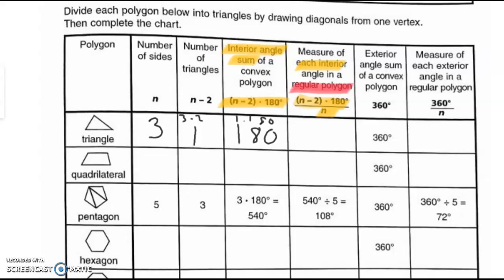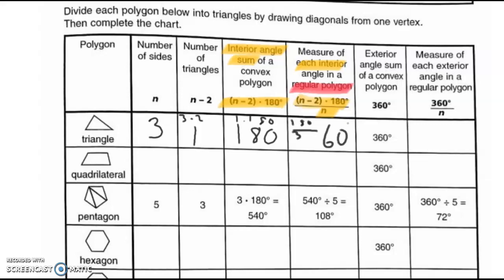So I'm going to take that 180 and I have 3 sides, so that's going to be 3. So 180 divided by 3 gives me 60 degrees. That's consistent with our equilateral triangle that we worked with back in Unit 5, that the measure of each angle inside of an equilateral triangle was 60 degrees.